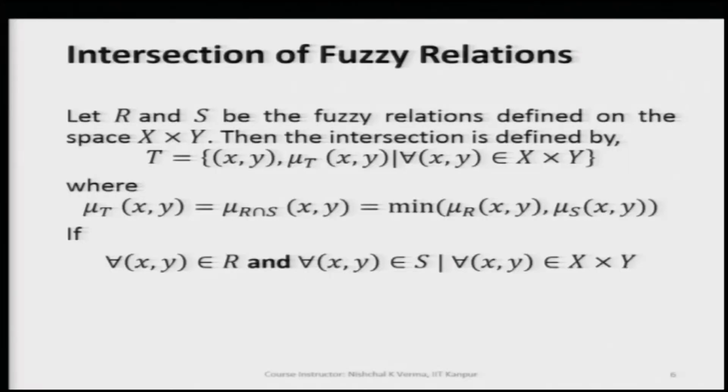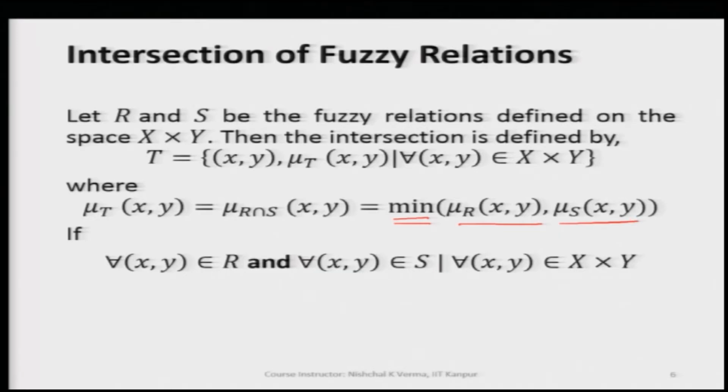So, let us now quickly define this. T here is the fuzzy set, and the element will be x comma y, which is an ordered pair, and then its corresponding membership value mu T of x, y. Let us see how we can compute mu T of x comma y. Here, instead of max as in the previous case where we were taking the union, since we are interested in finding the intersection, we take the min of the two membership values.